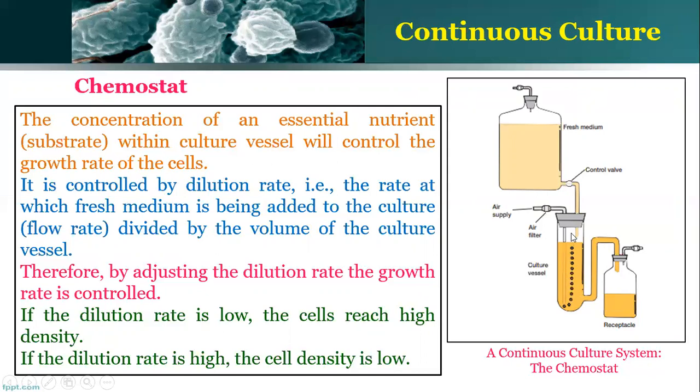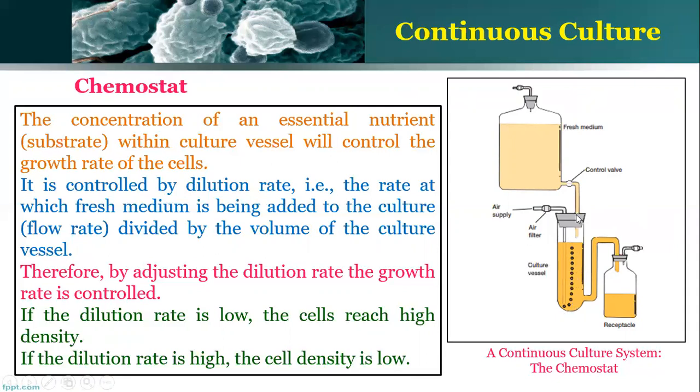If the dilution rate is low, that means you are slowly adding the medium to the culture vessel after a certain period of time, so the cells have been given a certain period of time to use the nutrients properly and grow well.